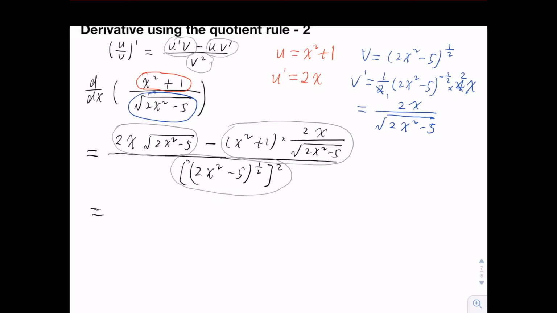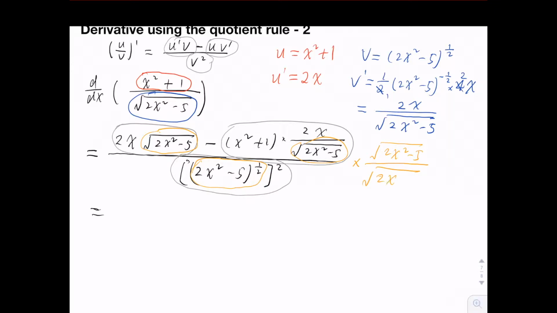We have the square root of 2x squared minus 5 in here and in here. So I'll play this trick: I'm going to multiply top and bottom by the common thing, the square root of 2x squared minus 5, on the top and also on the bottom.